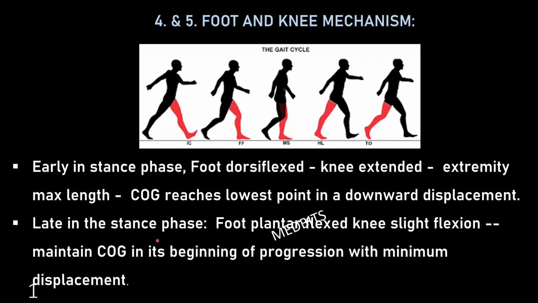Late in the stance phase, the foot is plantar flexed and the knee is slightly flexed, maintaining COG, the center of gravity, in its line of progression with minimum displacement.